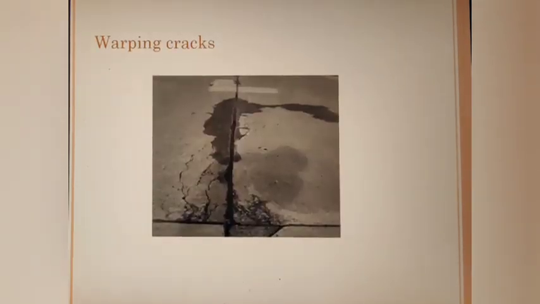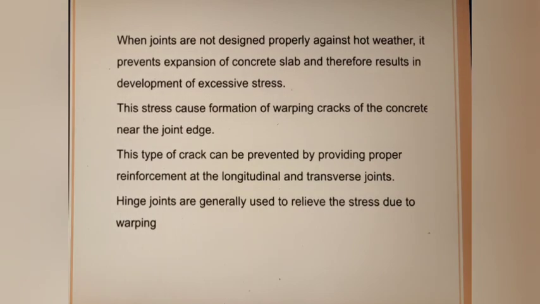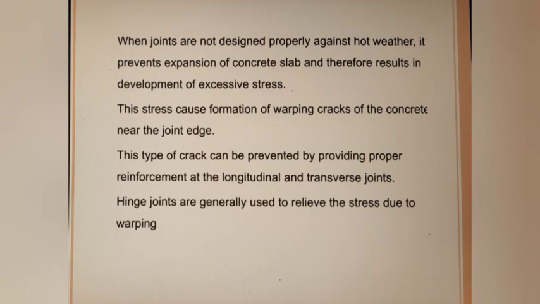So next type of failure is warping crack. When the joints are not designed properly against hot weather, it will prevent the expansion of the concrete slab. So this results in the development of excessive stress.